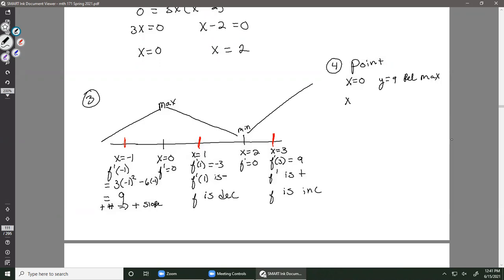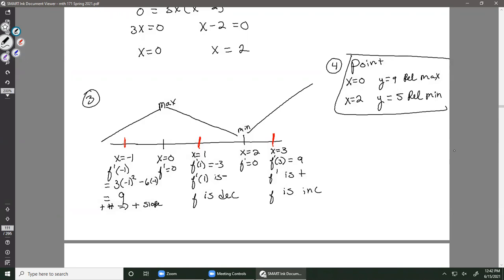And then at x equals 2, if you plug 2 back into the original equation, we get 5, and that's a relative min. And this would be your final answer.